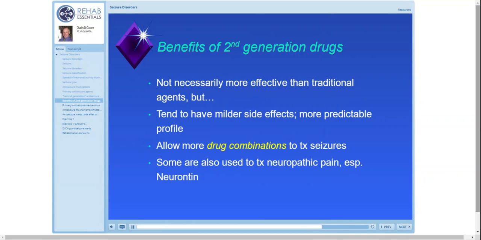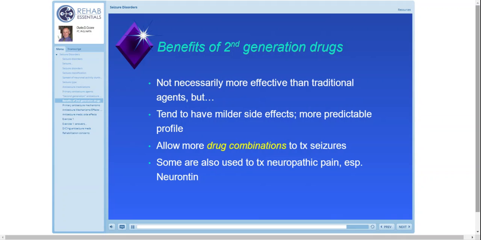They don't work differently. They have the same effect in chronic pain that they're having in seizures, and that is they quiet the neurons. But instead of quieting the neurons that start a seizure, they're quieting the neurons that are perpetuating and promoting the chronic pain syndrome. So this was a big breakthrough to a lot of our patients.